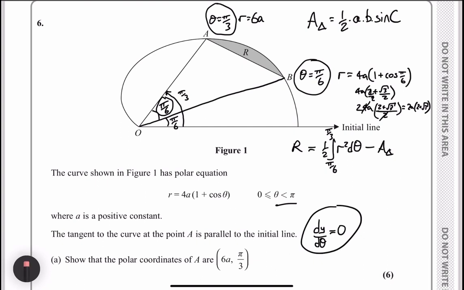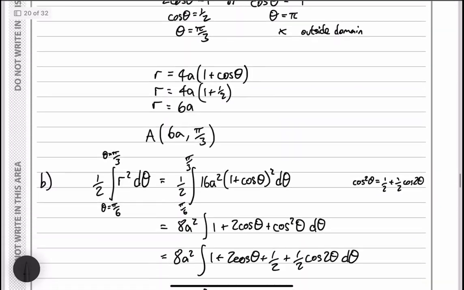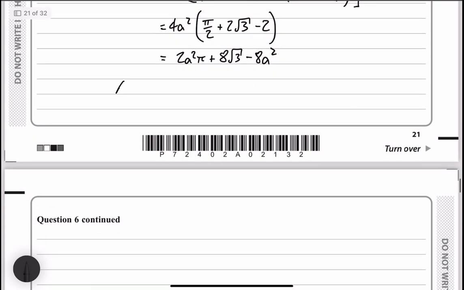So a times b times sine c, I need this times this divided by 2 times the sine of pi by 6. So 6a times 2a, 2 plus root 3, times the sine of the angle between them, pi by 6, which we know is a half.